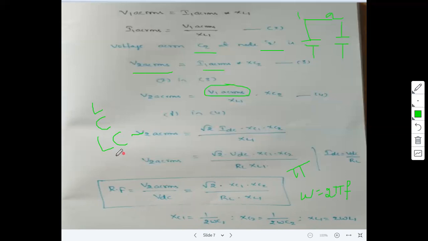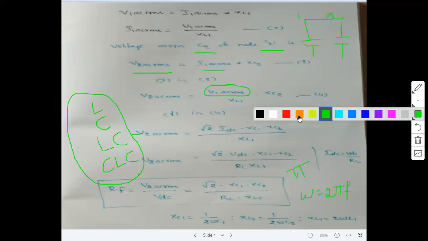Already we derived the ripple factor expression. And the fourth one is the CLC filter. So we discussed a total of 4 filters here: capacitor filter, inductor filter, inductor and capacitor filter, and capacitor, inductor and capacitor filter.